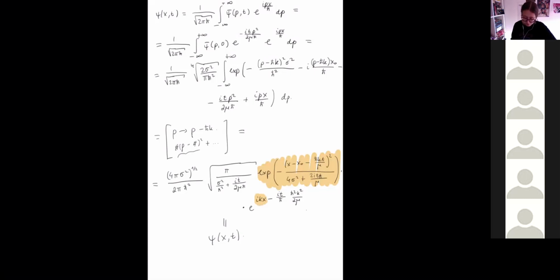You can plot this probability density, the modulus squared of psi of x, t, depending on x. This will be a Gaussian.